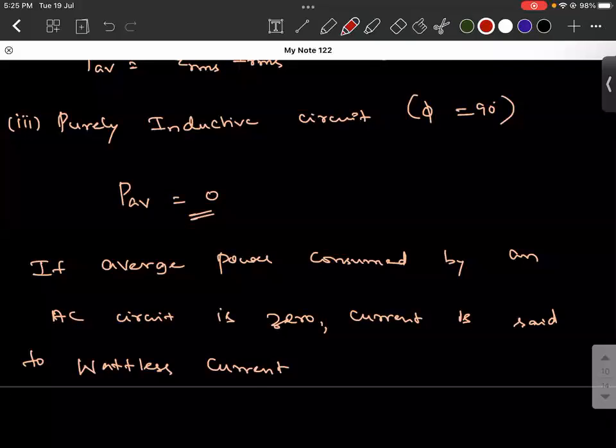So if average power consumed by an AC circuit is 0, the current is said to be wattless current. Clear? Clear with this? No, sir.